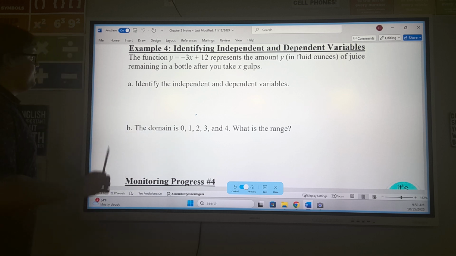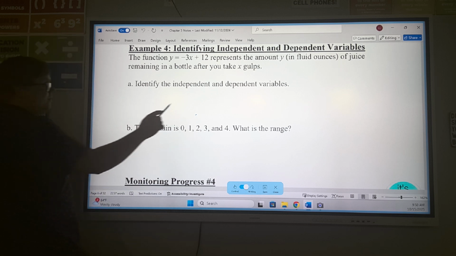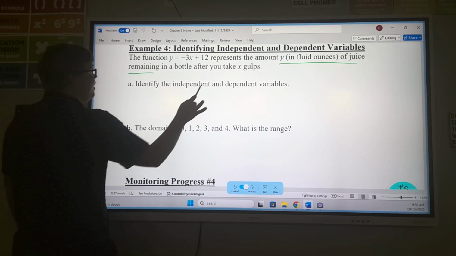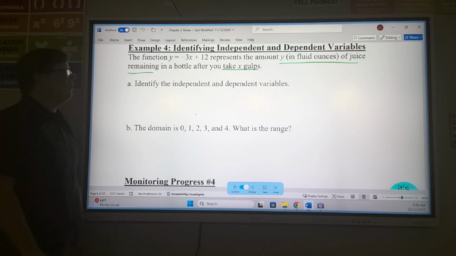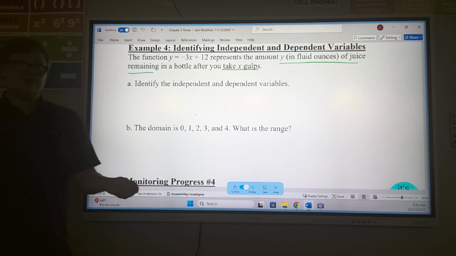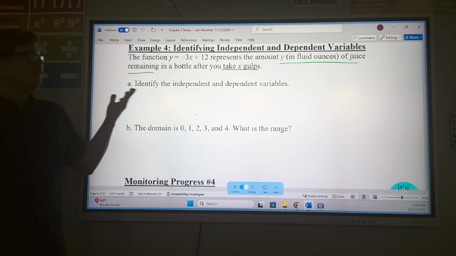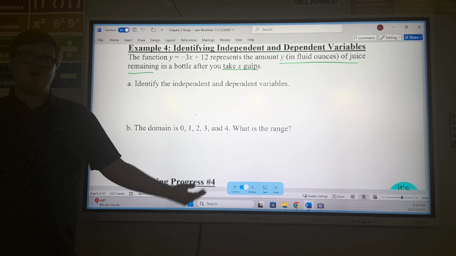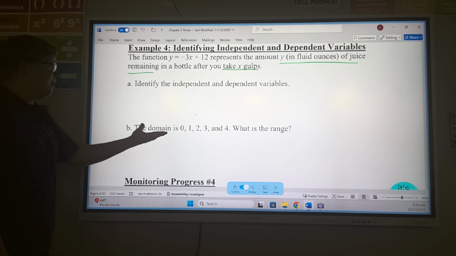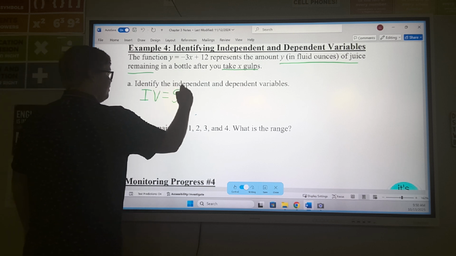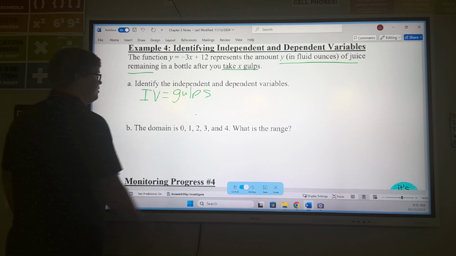So, in this situation, we're looking at y, in fluid ounces of juice remaining, and x, which is gulps. So, you can choose how many gulps you take, right? You can't really choose how many fluid ounces are left without drinking it or pouring it out, right? So, our independent variable is going to be something we can choose, which is our gulps of juice.